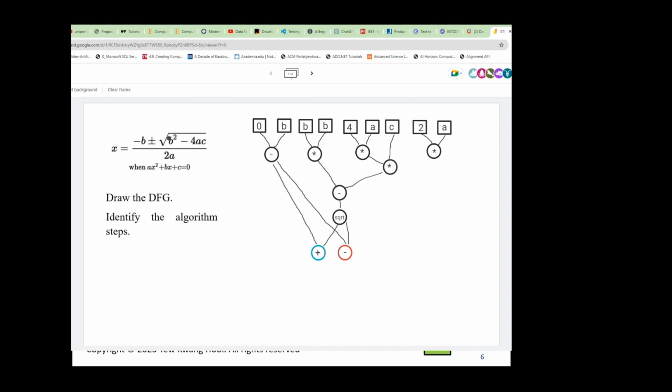Okay, so the result of this will divide by 2A. So we need another operator. Let's duplicate the symbol. Okay, so we're going to divide.